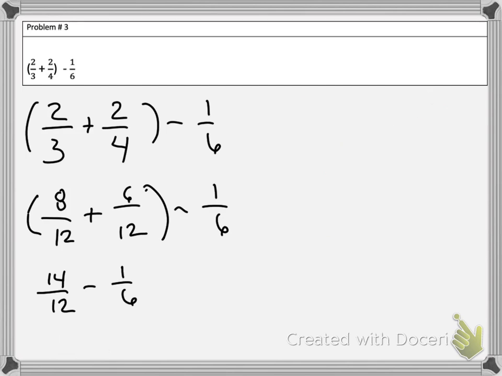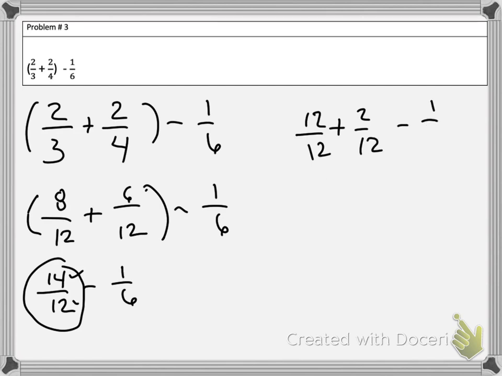Okay, so what I'm doing right now is I'm going to convert that fraction into a mixed number, because as you can see, the number on top is bigger than the denominator, so that means that I have a whole number hidden in this fraction. So I'm going to rewrite it 12/12 plus 2/12 minus 1/6.